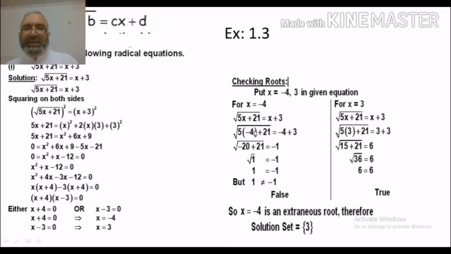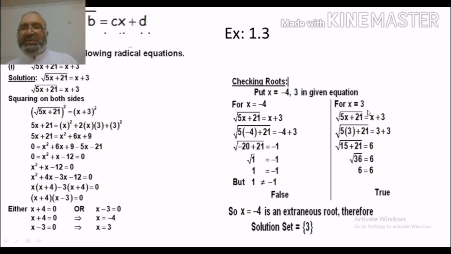On the left side that becomes minus 20 plus 21 under root is equal to minus 4 plus 3, minus 1. So on the left, 21 minus 20 becomes 1, under root is equal to minus 1. Square root of 1 is equal to 1, positive, and on the right it is negative, but 1 cannot equal minus 1. The result is false. Therefore x is equal to minus 4 is an extraneous root. It does not satisfy the given equation.